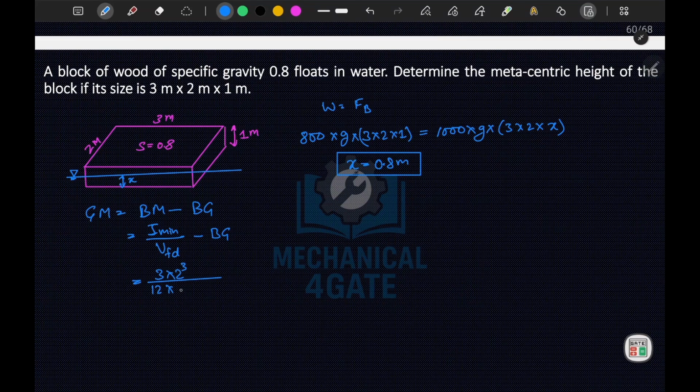Vfd is given by 3 into 2 into x, minus BG. If I want to calculate BG, let's subtract the location of G and B. So G location is here 0.5, as I have done in the previous question, minus B location, which is x by 2, that is 0.4.